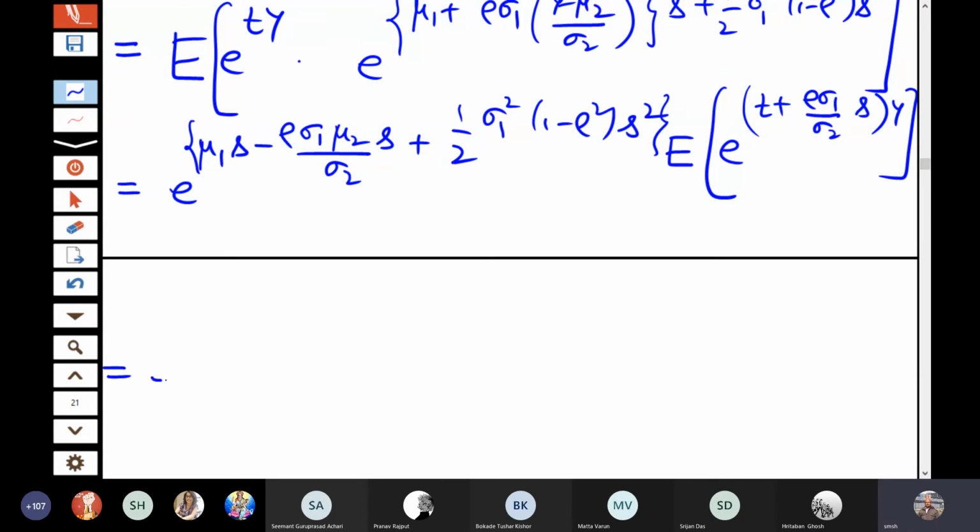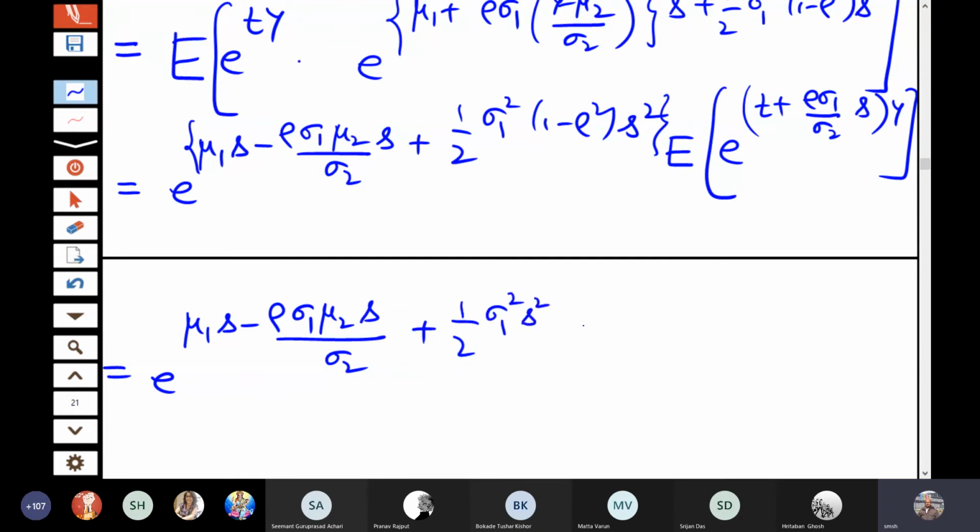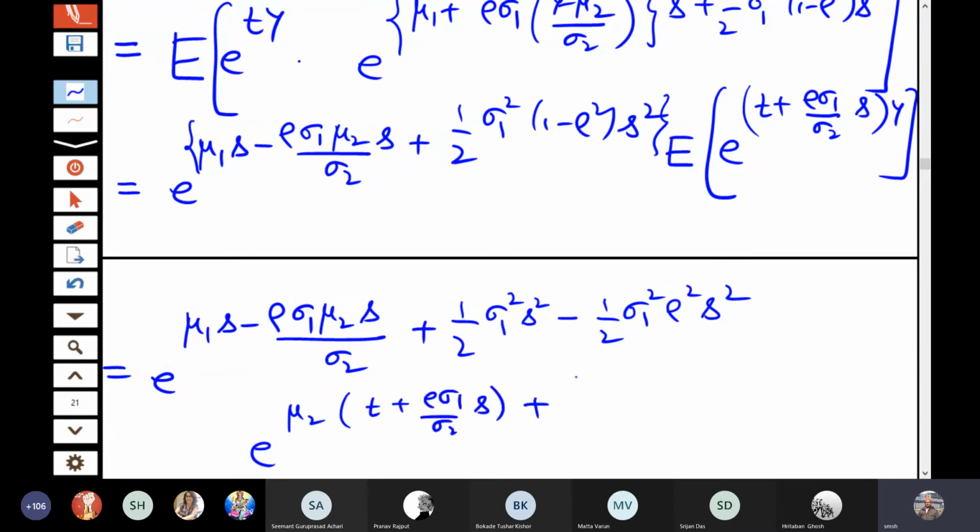So this is nothing but e to the power mu 1 s minus rho sigma 1 mu 2 by sigma 2 s plus half sigma 1 square s square minus half sigma 1 square rho square s square, and this moment generating function is e to the power mu 2 into (t plus rho sigma 1 by sigma 2 s) plus half sigma 2 square into (t plus rho sigma 1 by sigma 2 s) whole square.